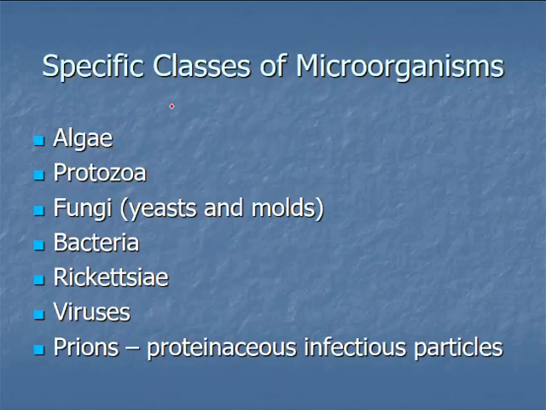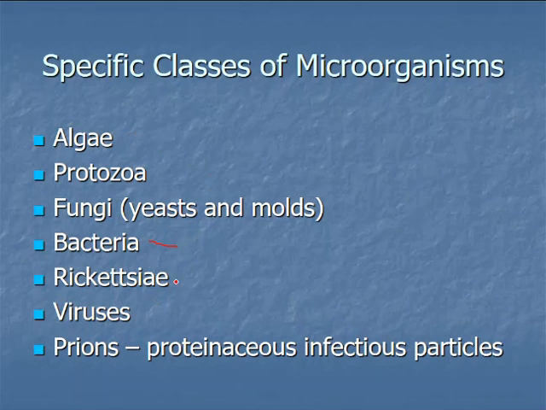All right, and some of the different types of microorganisms that we're going to look at. The first one we'll look at will be bacteria, but then we'll look at algae, protozoa, fungi. Of course, now algae is under fungi, but we'll look at that. They are different as far as how they interact with people.